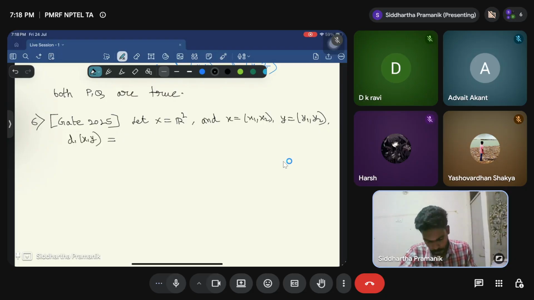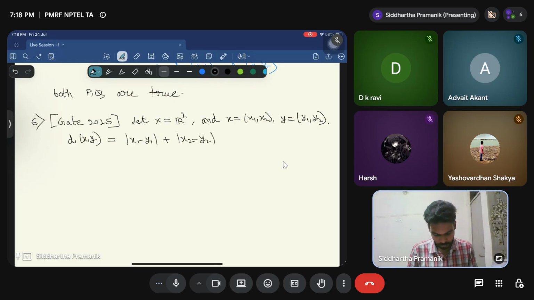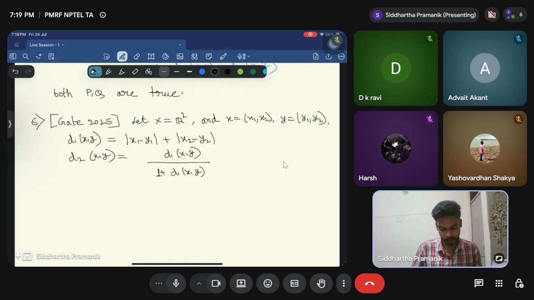So d1 x comma y is just mod x1 minus y1 plus mod x2 minus y2. I think it was already defined in the lectures, but with different notations. And d2 x y is just d1 x y over 1 plus d1 x y. So we have already seen that it is a metric.